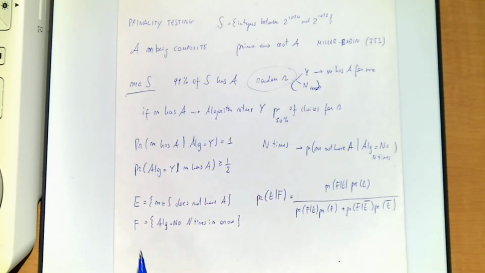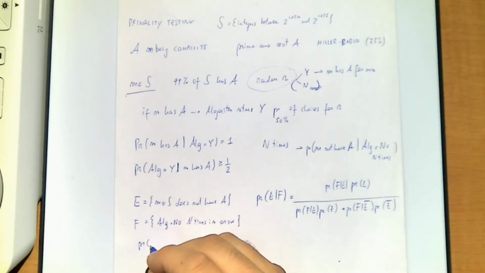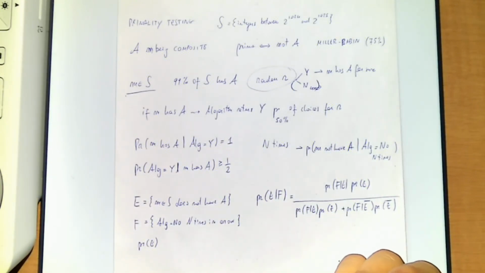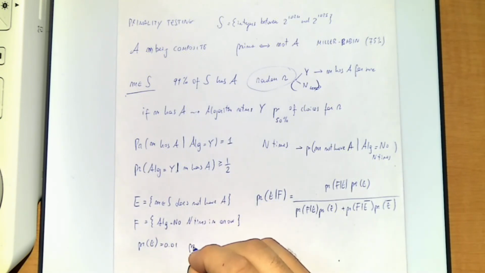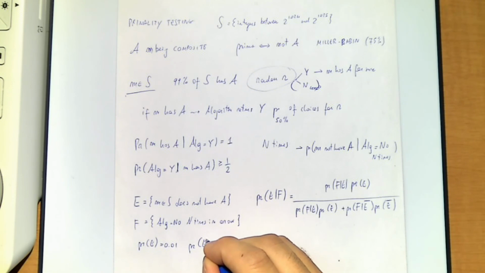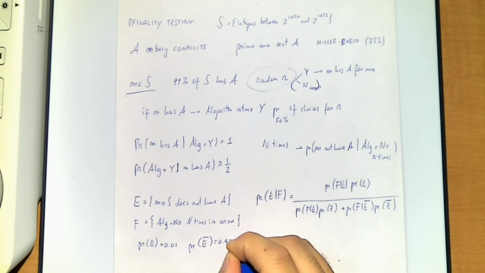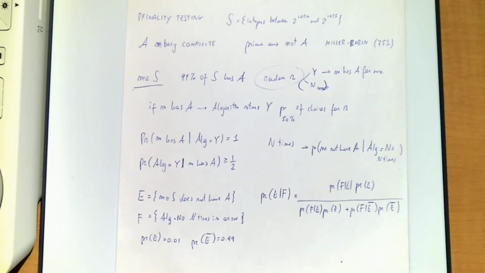So if E is the event that M doesn't have the property, then the probability of E should be 1%. So it's 0.01. And the probability of not E should be 0.99. That's the first one. Now, again, this is a simplification. What we did instead, we counted the numbers, so we had those interesting theorems that count the proportion of primes.